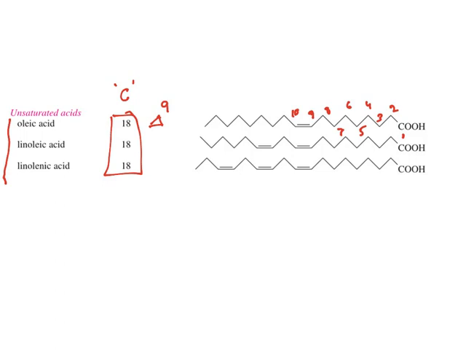So C18, delta 9, that is oleic acid. Linoleic acid, again 18 carbons. So this is 9 and 10 and then 12 and 13. So delta 9, 12. Linolenic acid, same 18 carbon, but you have 9, 10, 12, 13, 15, 16. So delta 9, 12, 15 double bonds are present. So this is how it is written.